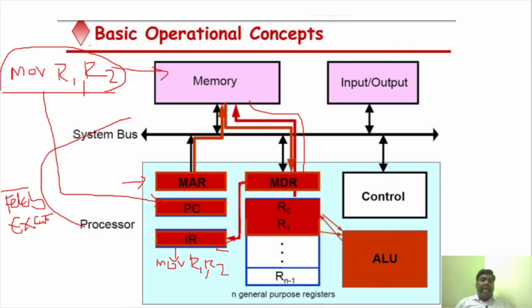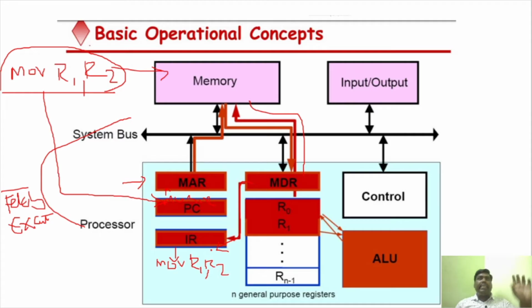And IR is the one which holds the information of the current instruction that is being executed. The PC will have this instruction, move R1, R2, and only from here it reaches the MAR, then it goes to MDR, and then it goes to IR.